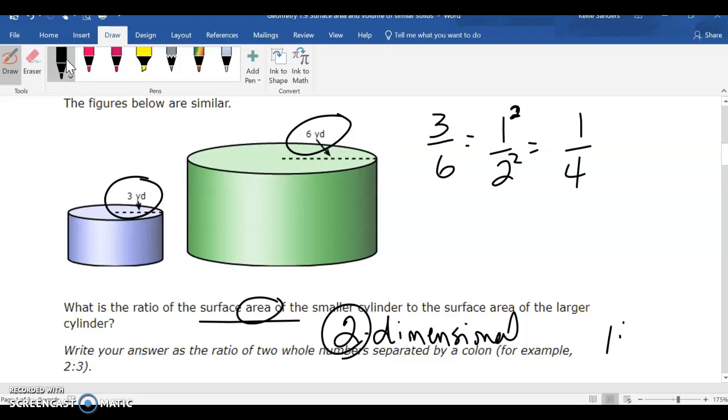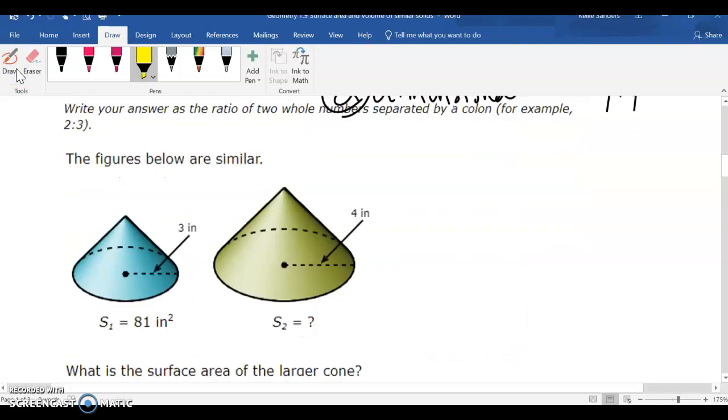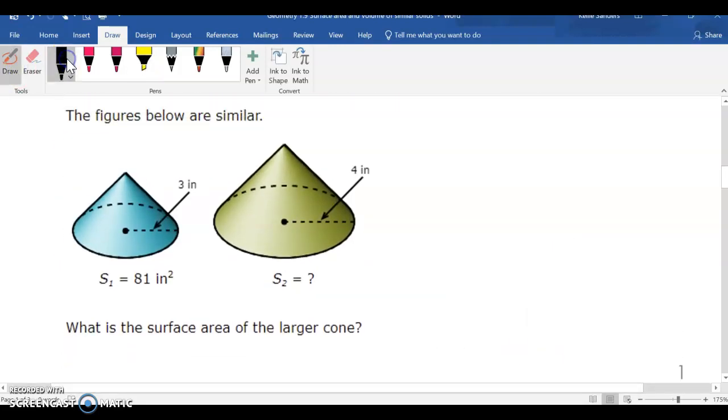So this is a 1 to 4 ratio, which means if I was to cover it up, I would use 4 times as much wrapping paper to cover this as I would to cover that. Okay, surface area, because the S is surface area.